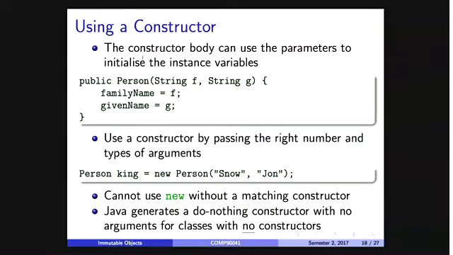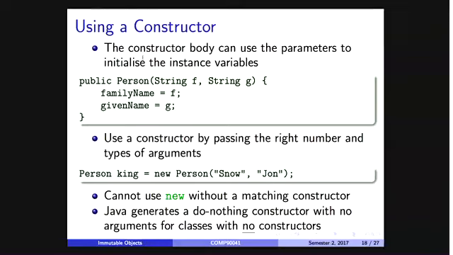So what this will do is allocate enough memory for a person, and then invoke this pseudo method, the constructor, and F will be, I did it backwards. Oh no, I didn't. F is the family name. So the family name is Snow, and the given name is John, and then it will do this: familyName equals Snow, givenName equals John.